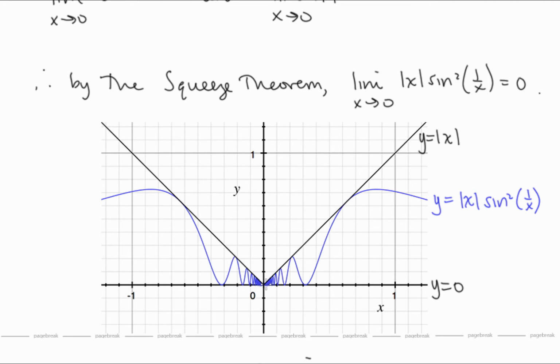Well, we can see by the graph that the graph of our function is stuck between absolute x and 0 always. And again, as x goes to 0, these two graphs have a limit of 0, so therefore our graph must also have a limit of 0. That's what the Squeeze theorem is saying.